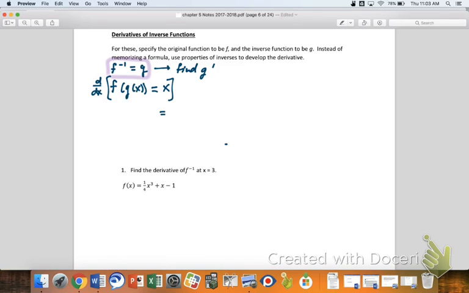What's ddx of x? 1. Okay. So 1. And then on the left side, whenever you do ddx of a composite function, what rule do you have to use? Chain rule. So think for a second, see if you can do this. We've done this before. What would it look like to do the derivative of f of g of x using the chain rule?